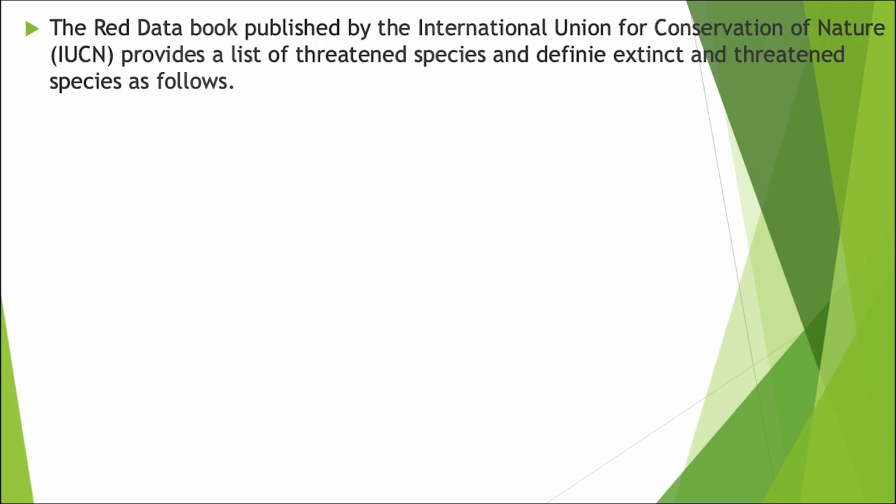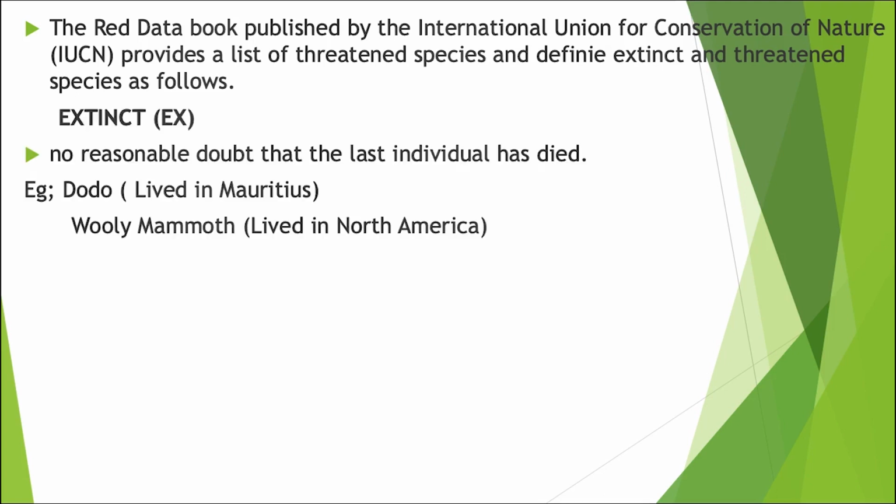The Red Data Book that has been published by the International Union for Conservation of Nature, IUCN, provides a list of threatened species. And the definition of extinction in that booklet is: a taxon is extinct when there is no reasonable doubt that the last living individual has died.